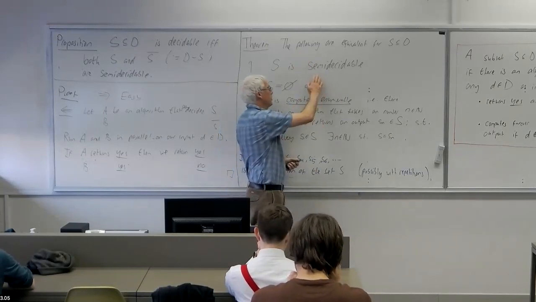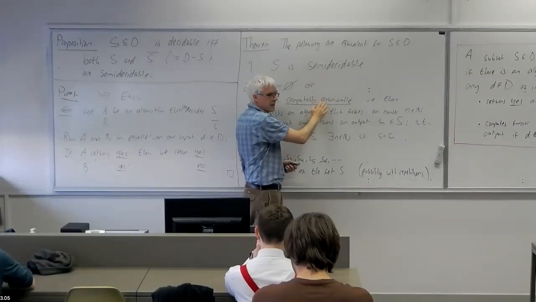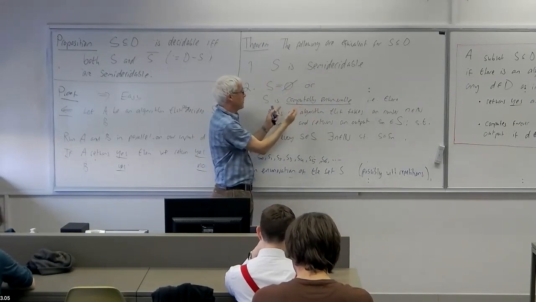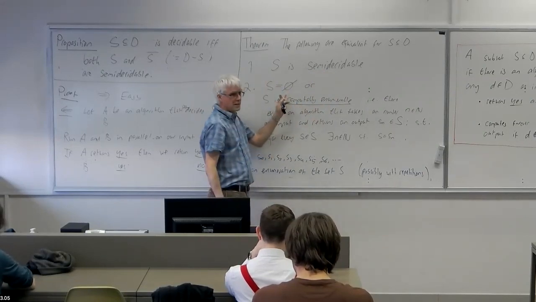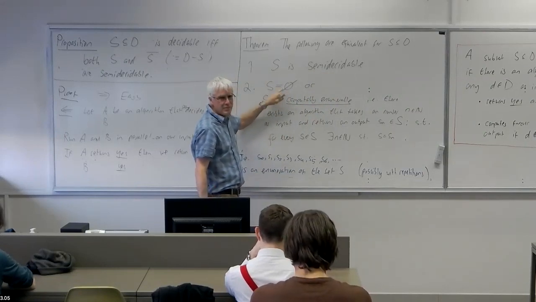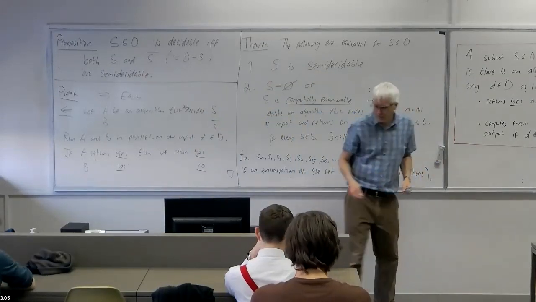So we can call semi-decidable sets semi-decidable. We can also call them computably enumerable. And it doesn't matter. I mean, computable enumerability is used as a synonym for semi-decidability. So we also say the empty set is computably enumerable. So terminology.